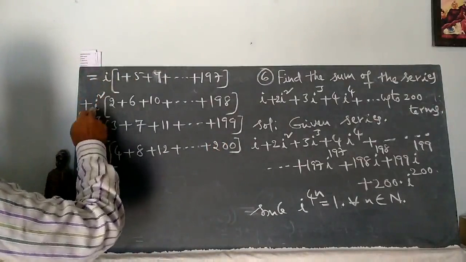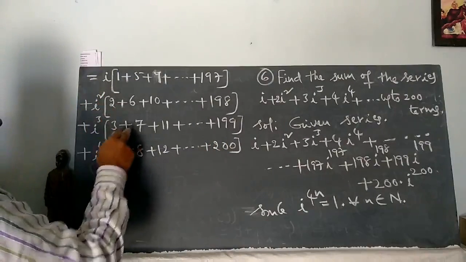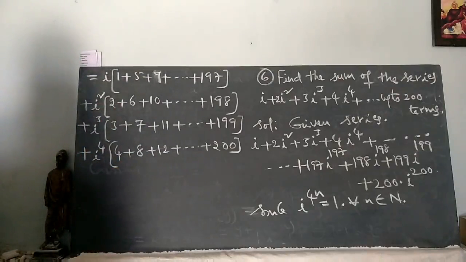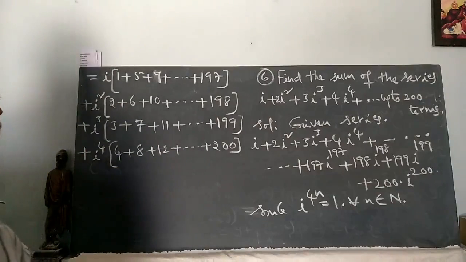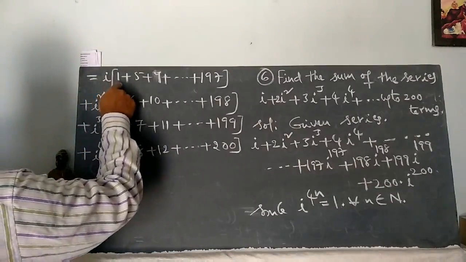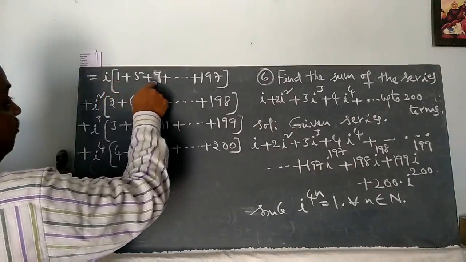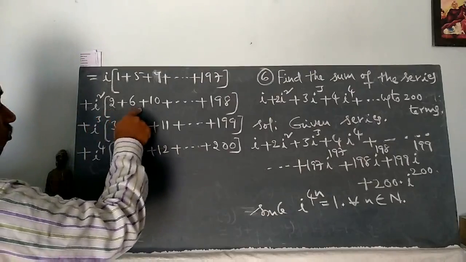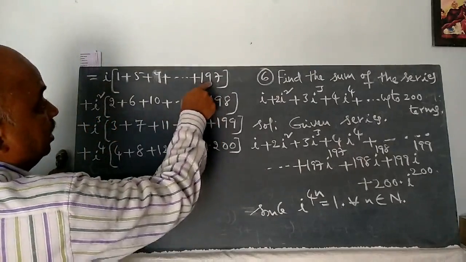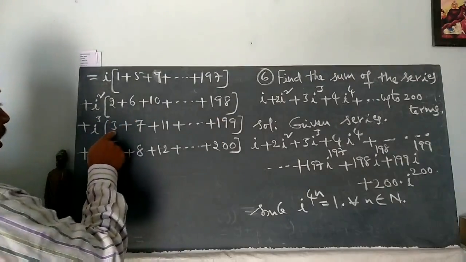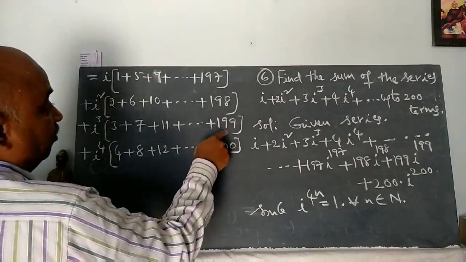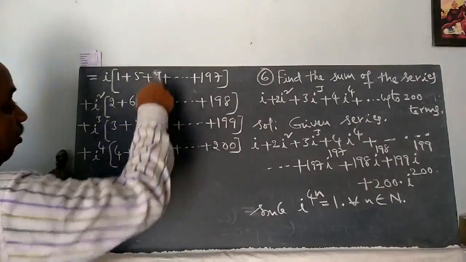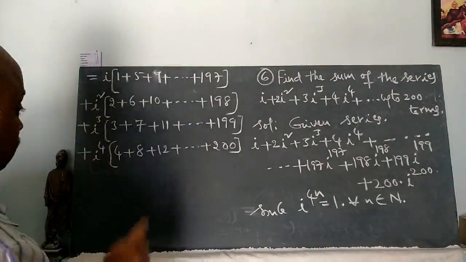Here the i coefficient, i square coefficient, i cube coefficient and i to the power of 4 coefficient are each a finite arithmetic progression. In the first, the first term is 1 and the common difference is 4, and the last term is 197. Here the first term is 2, the common difference is 4 and the last term is 198. Here the first term is 3, the last term is 199. Here the first term is 4 and the last term is 200. In all the cases the common difference is 4.